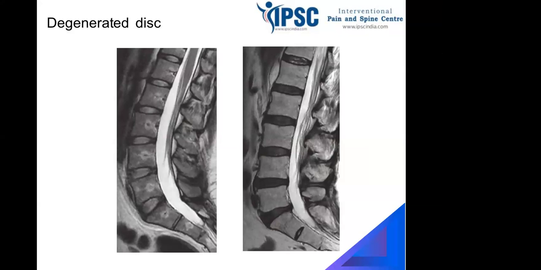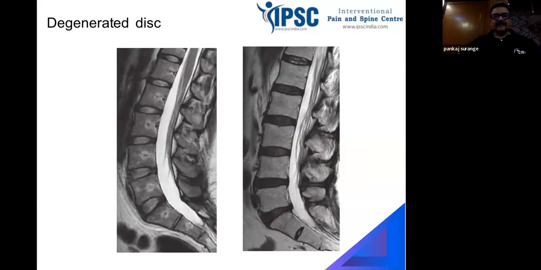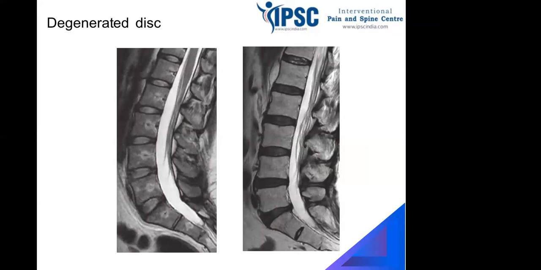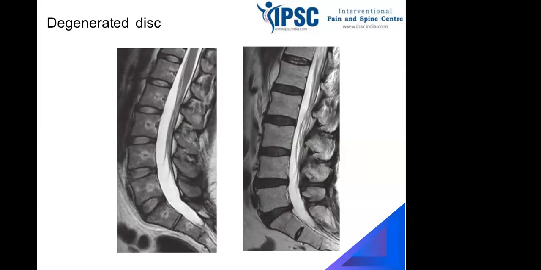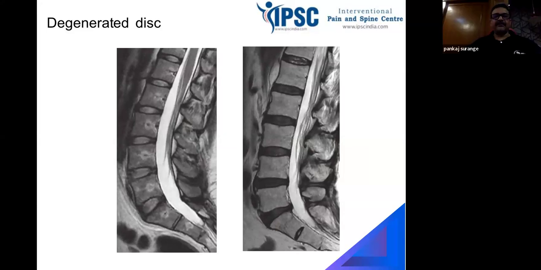The first one is the left side, sir, because we can see... Sagittal section, sir. Both are sagittal. Left side is T1 or T2? Both are T2, sir. T2 sagittal section. Yes, perfect. Very good. Both are T2 and both are sagittal, because CSF is white.